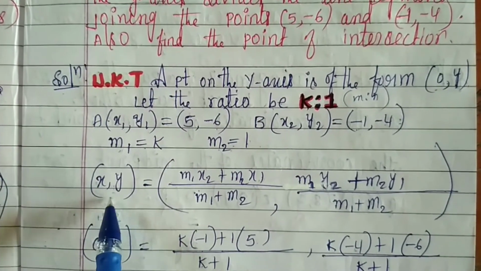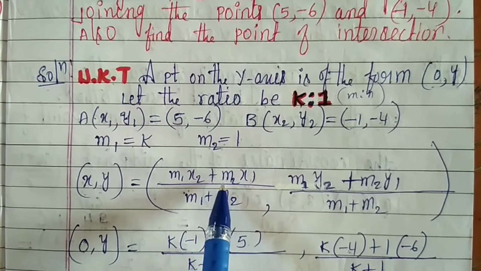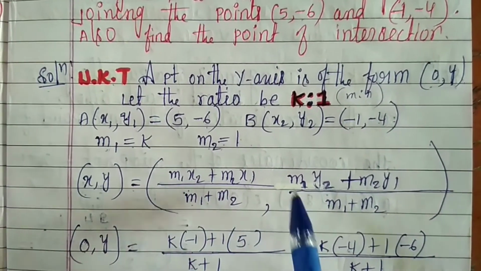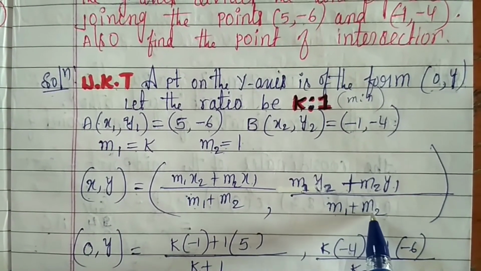We apply the section formula: x, y is equal to m1 x2 plus m2 x1 divided by m1 plus m2, m1 y2 plus m2 y1 divided by m1 plus m2.